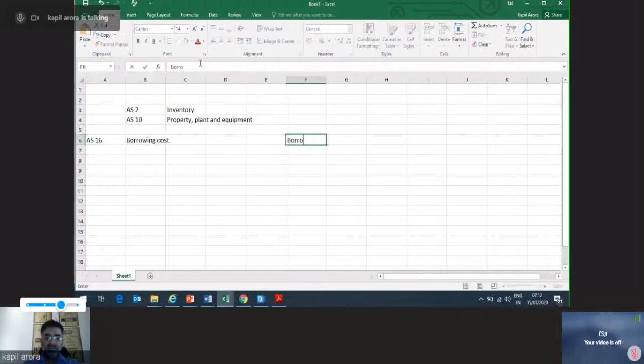Borrowing cost related to... First of all, please tell me what is the meaning of borrowing cost. Please answer while I discuss this.